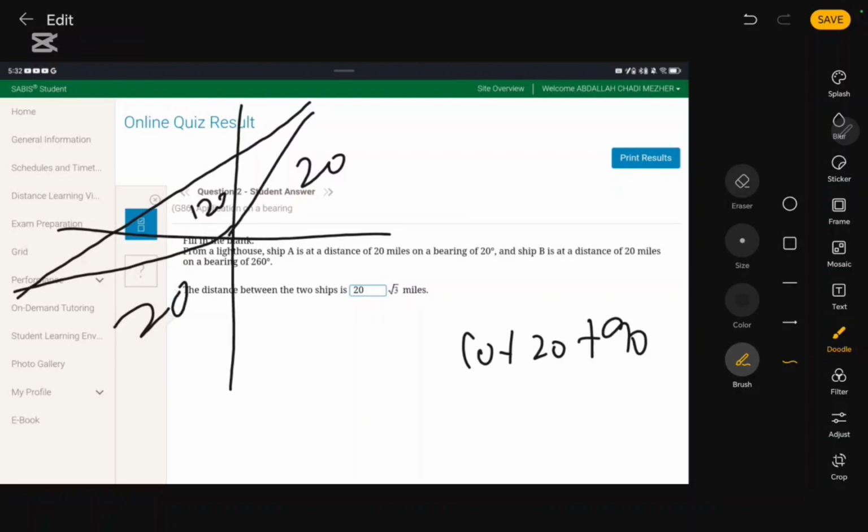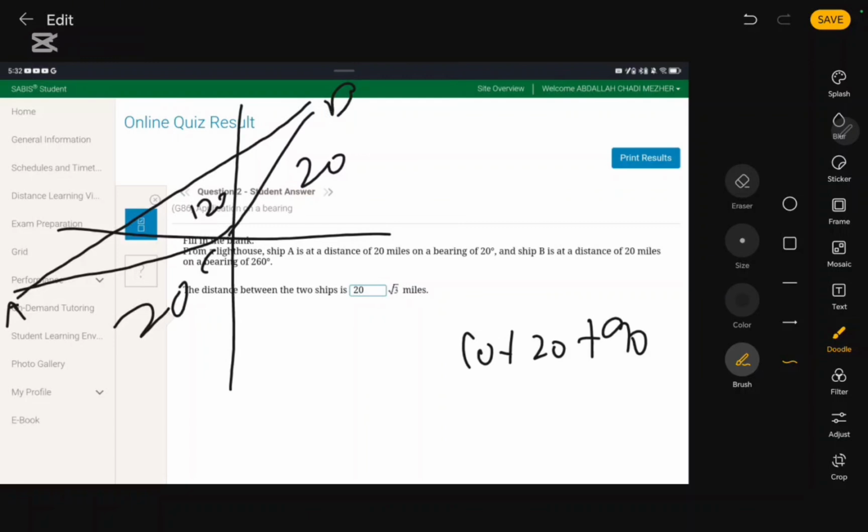Now they want to find the distance between the two ships. This is gonna be it. So I'm gonna call this triangle ABC. I'm gonna call this part AB. So to find this, from doing the 3.7 video, we know that we can use the cosine rule.